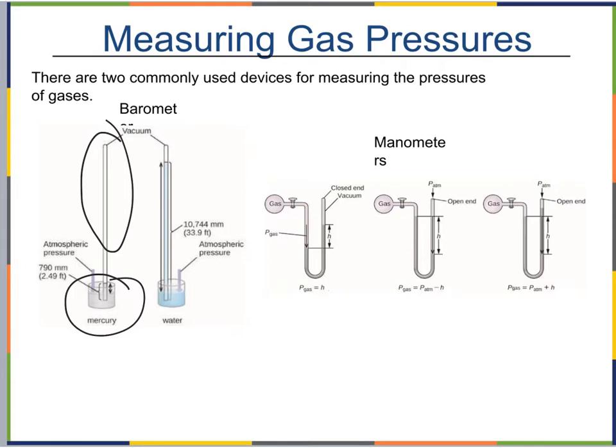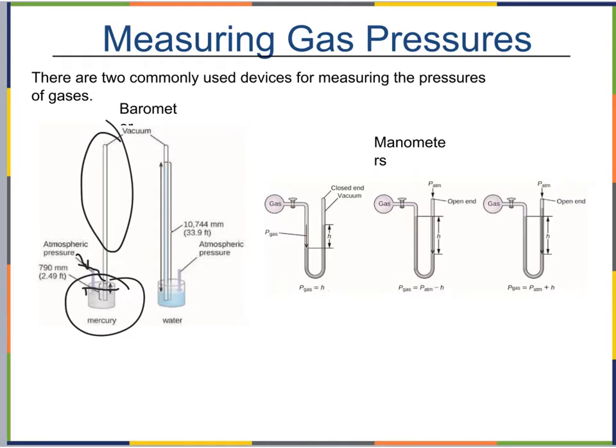And when these two levels are exactly the same, then they're equivalent. The atmospheric pressure, which is what this is signifying right here, is exactly the same as the pressure inside the tube.